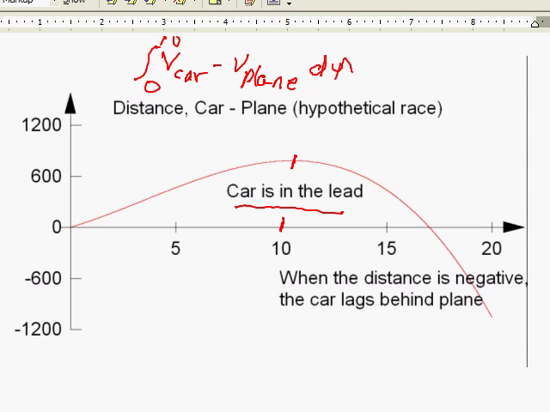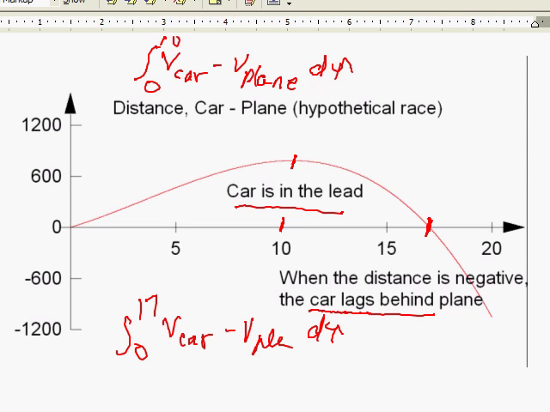The car is in the lead. When I got out to about 17, so that would have been 0 to 17, then it was 0. The reason it's 0 is the plane has now caught up with the car. After that, the result is negative because the way I've set the problem up, the car is now lagging behind the plane.